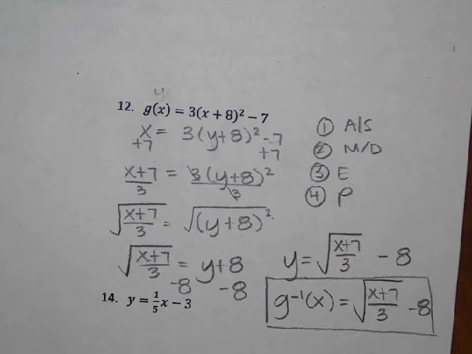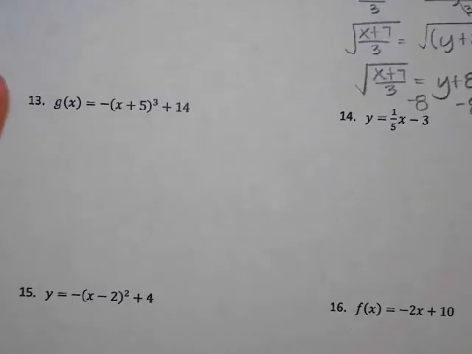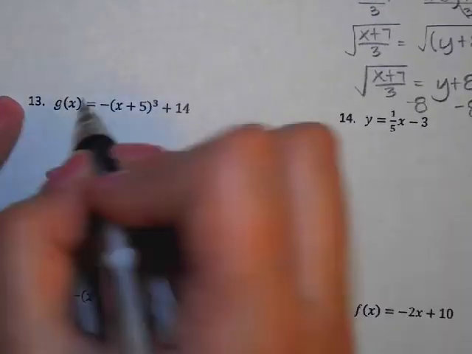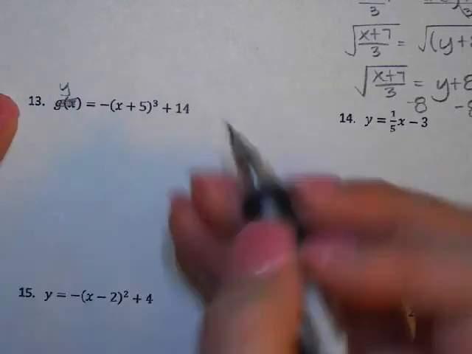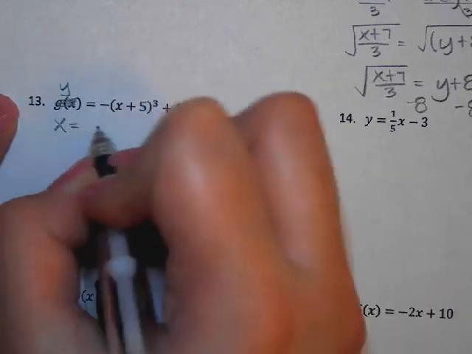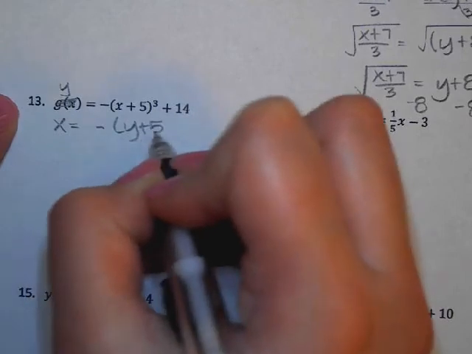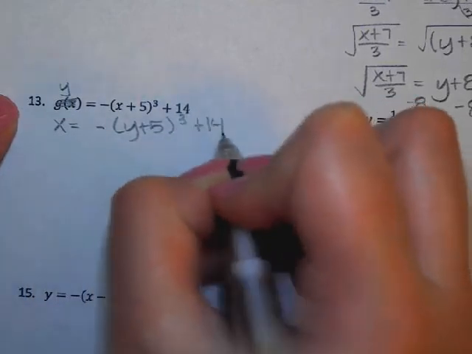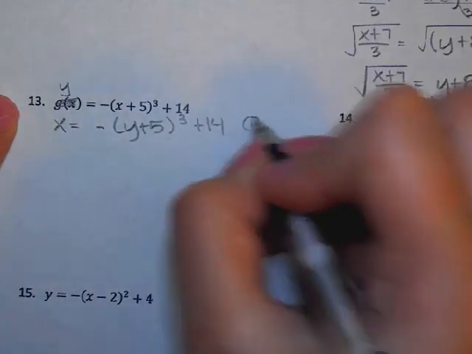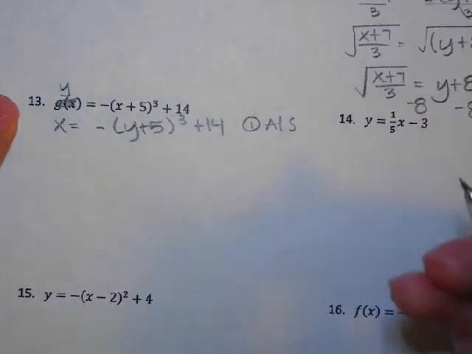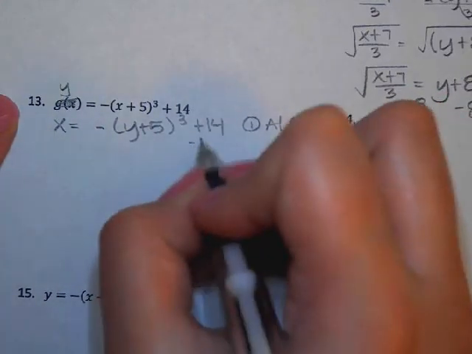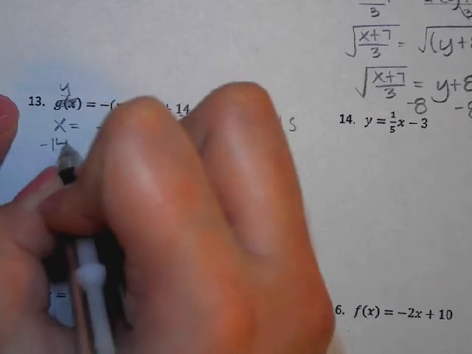All right, let's go ahead and do number 13. So again, I'm just going to say this is y. Trade my x and my y to start. So first, I'm going to see if there's anything I could add or subtract to the other side. There's a 14.